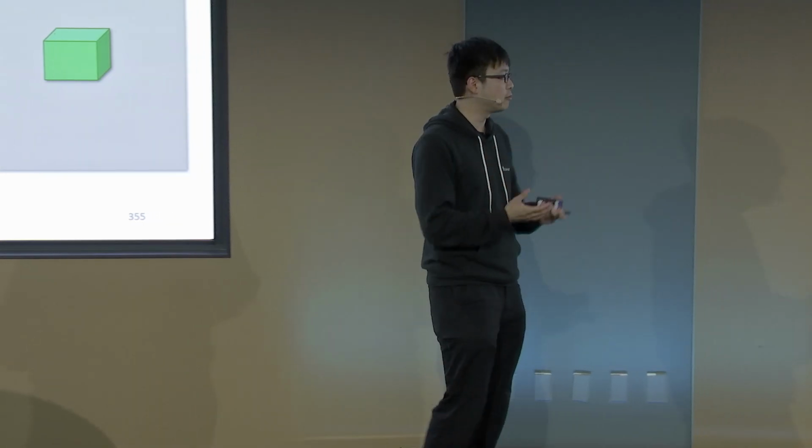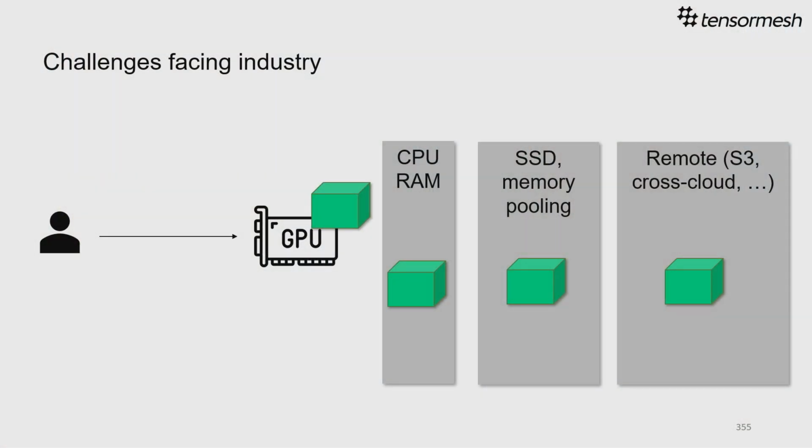Of course, right? We have been in the front row seat to watch the growth of KV cache storage, first from GPU memory only to CPU memory, to SSD or CPU memory pooling, and then these days people even start to store this in S3 buckets or even Redis Cloud. So what are the challenges facing industry?